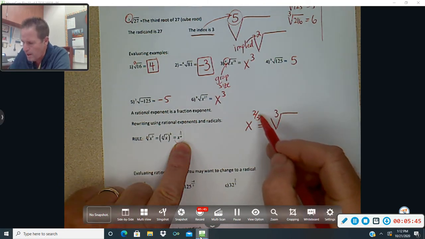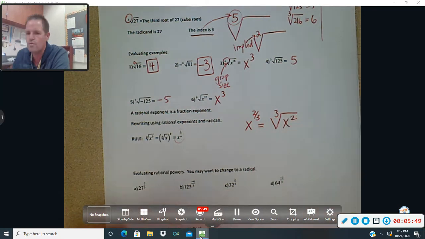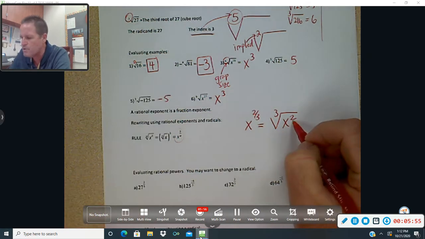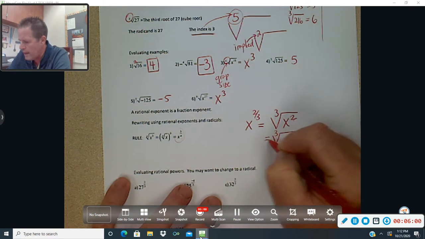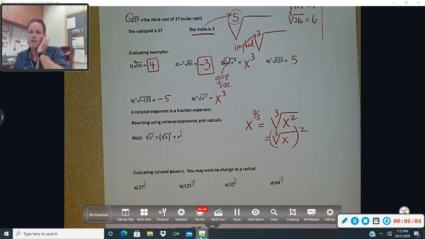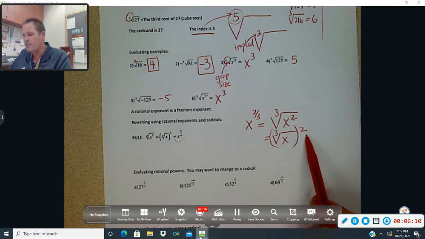Okay, so again, the bottom of the fraction is the index for the radical of x squared. Now, you may decide, and this is where you need more experience, you may decide to put the squared inside, but you can also write this as the cube root of x squared. A lot of times you'll do it this way because you'll know the cube root of the number before, and then it's easier to square it after.